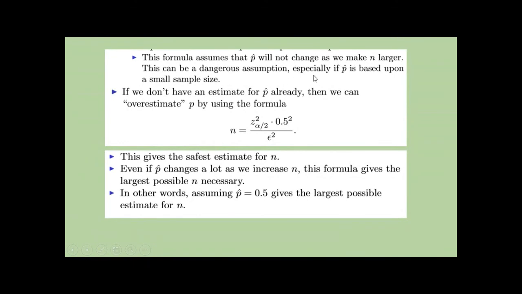This can be a dangerous assumption, especially if p bar is based upon a small sample. If we don't have an estimate for p bar already, then we can use p equal to 0.5, which gives the largest possible estimate for n. If p bar is 0.5, then q bar is also 0.5.